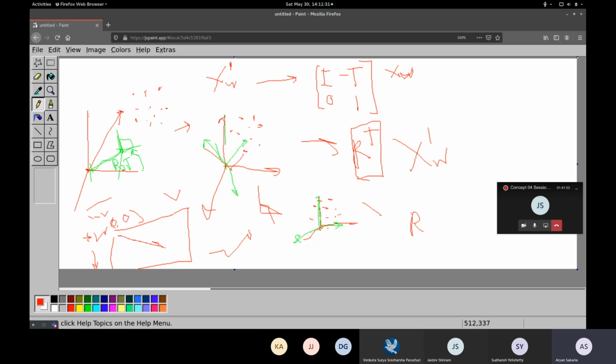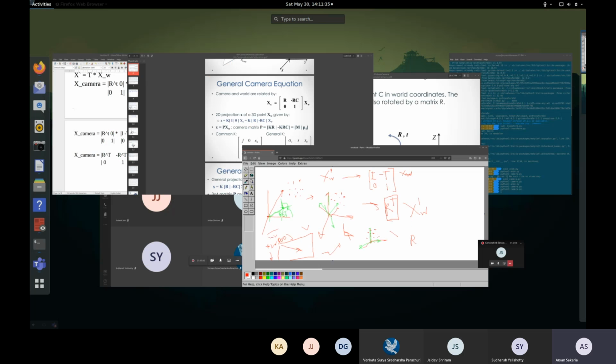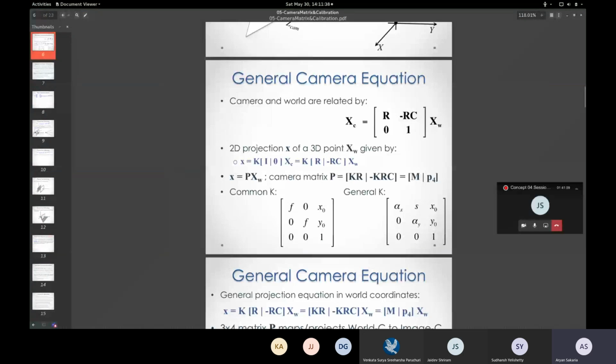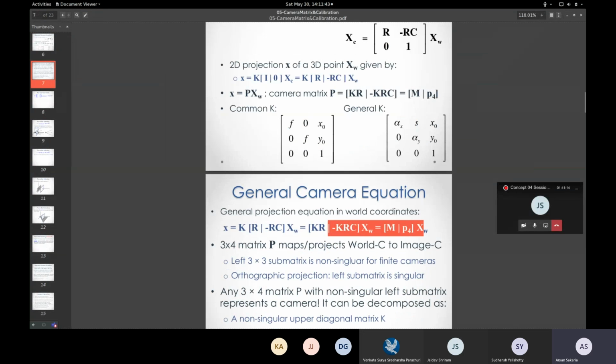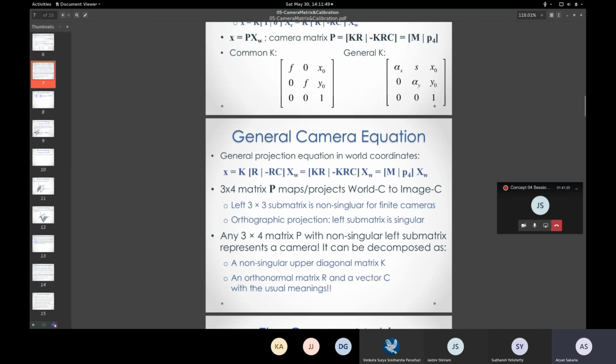So you basically shift the whole thing so that this point starts at 0, 0, and you can achieve that with this. There's some shear stuff also, but we don't really look at that. And this is your general camera equation. I've just rushed through the last part, so I'm sorry about that, but I think I'm running short on time.